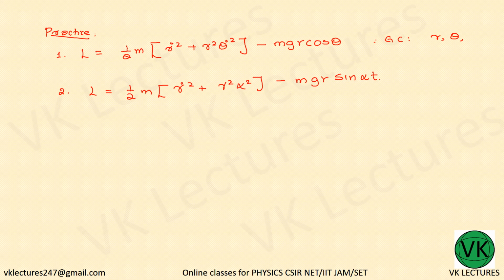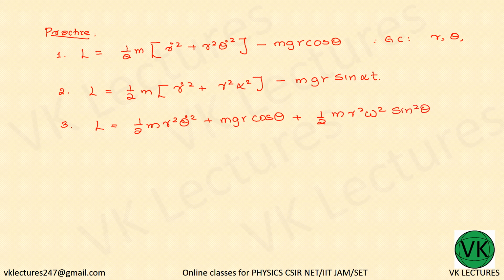Third question, Lagrangian is equal to half m r square theta dot square plus mgr cos theta plus half m r square omega square sine square theta.